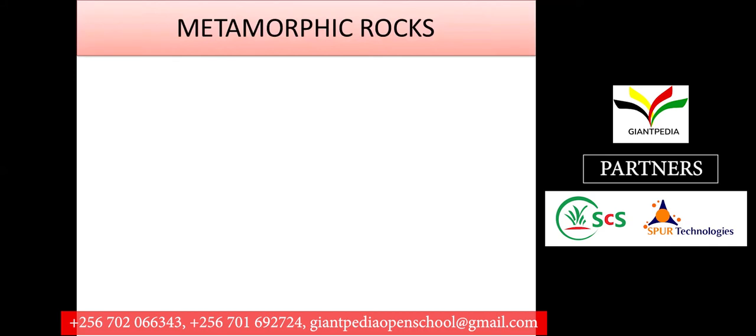You have managed to identify, then explain correctly, then illustrate diagrammatically, and then you have also been able to cite examples. Examples show that you have knowledge about your region or your country.